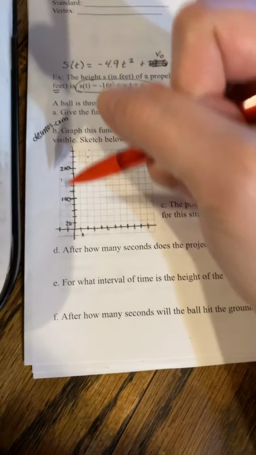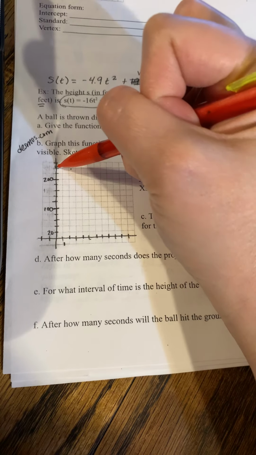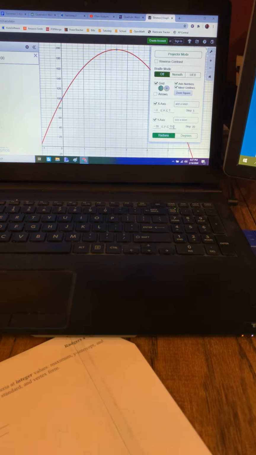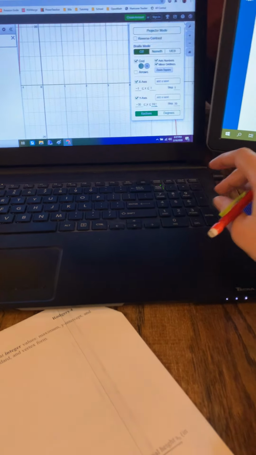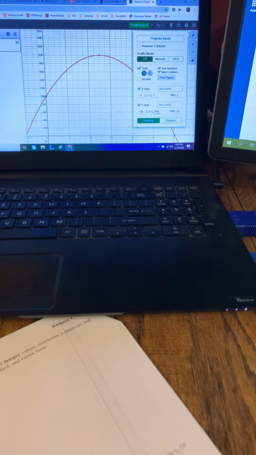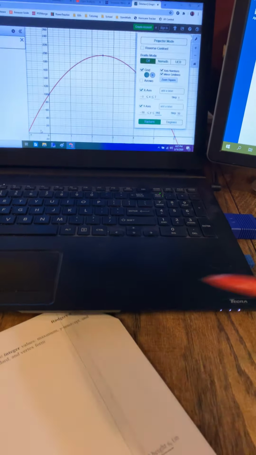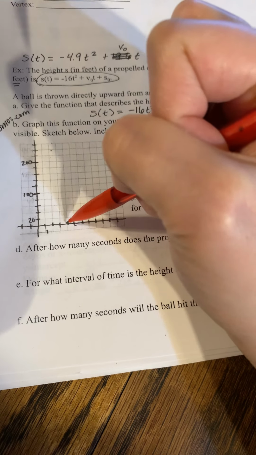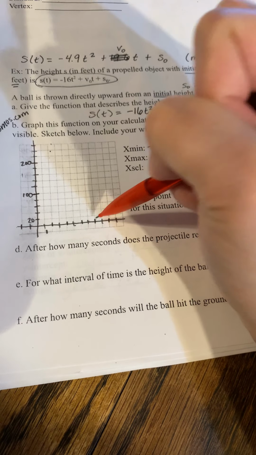And what did that go up to? 200, 220, 240, so 260. Okay. And then I actually went -1, -2, and then 1, 2, 3, 4, 5, 6, 7, 8, 9, 10, 11, 12.